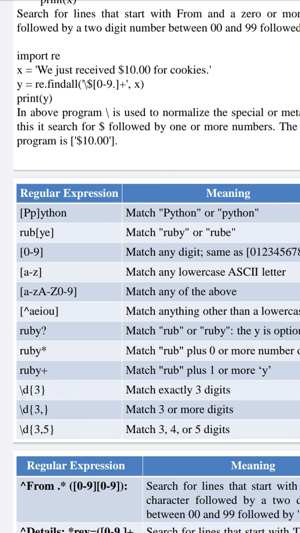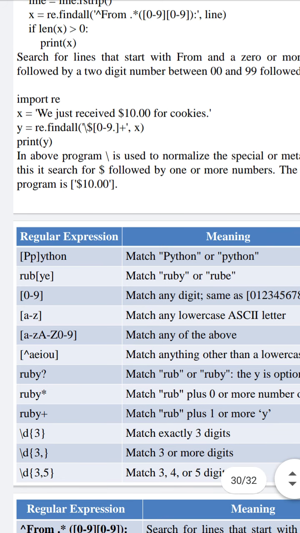This particular pattern is used to search for a dollar followed by one or more digits, and that number as a whole may include a dot symbol too.